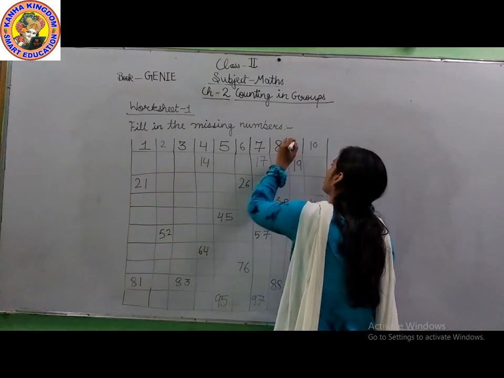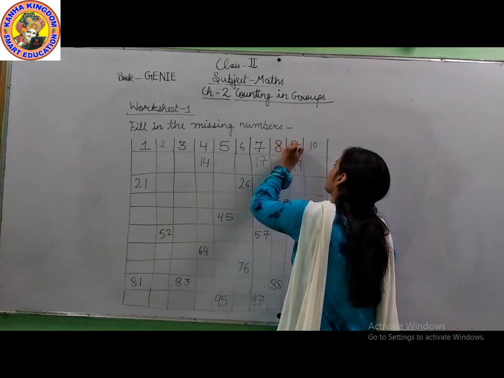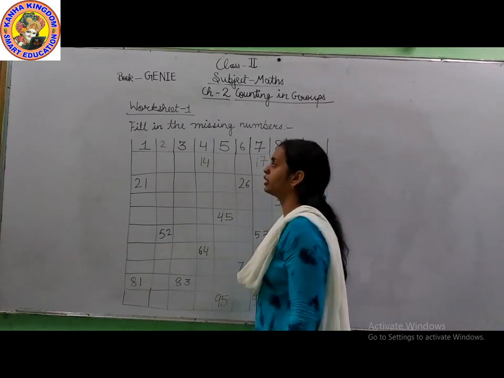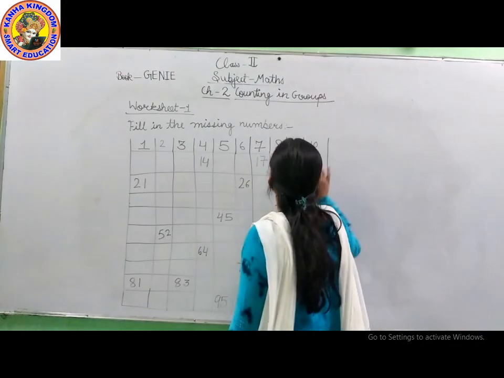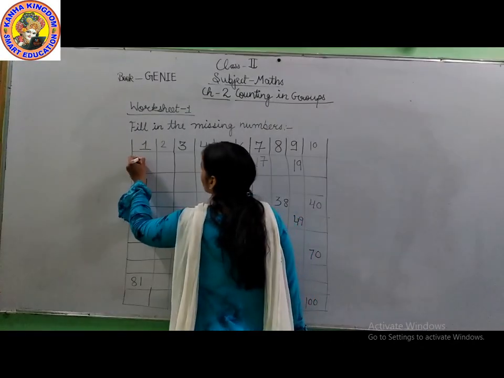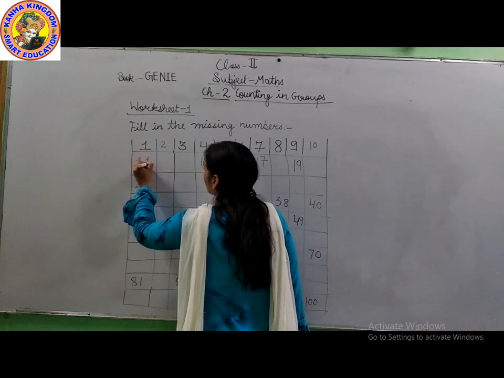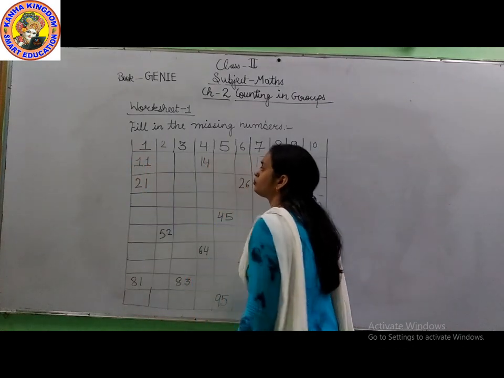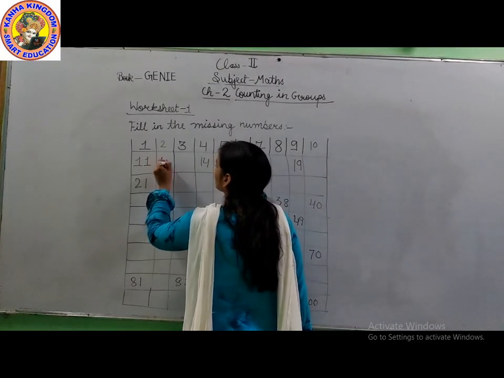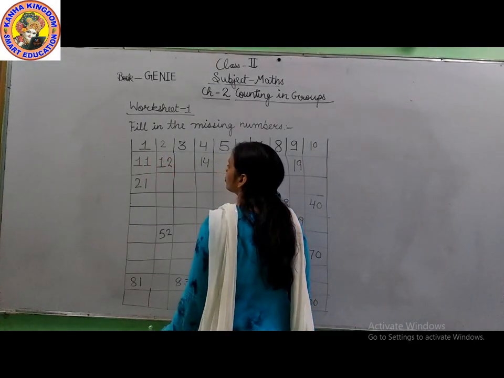Then what comes after 8? 9. 10 already written here. Now what comes after 10? 11. So write 11 in next column. What comes after 11? 12.